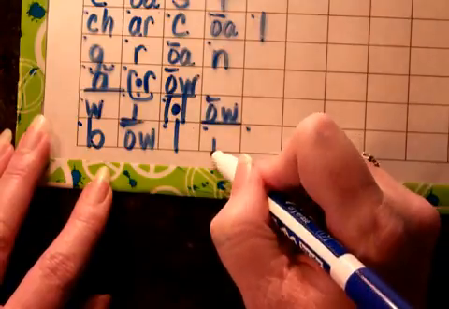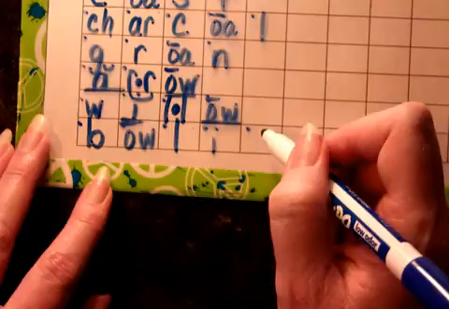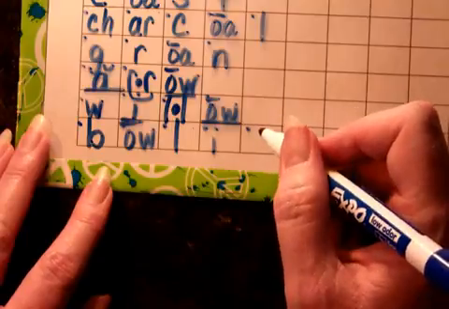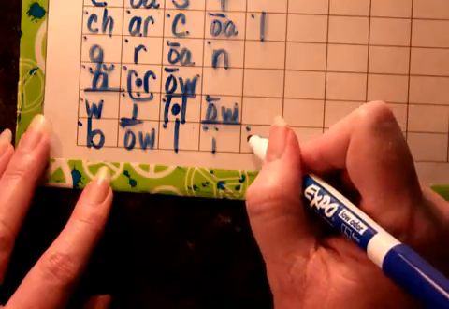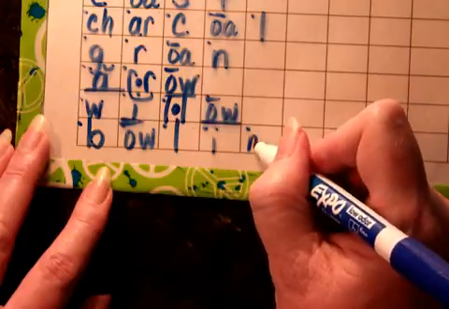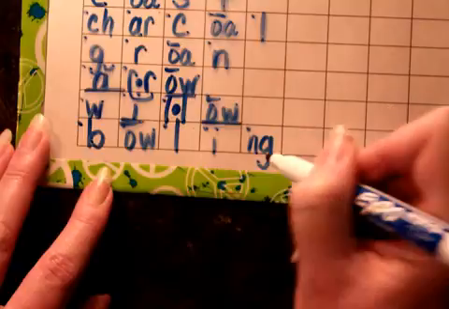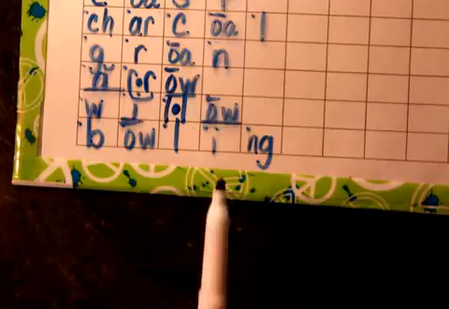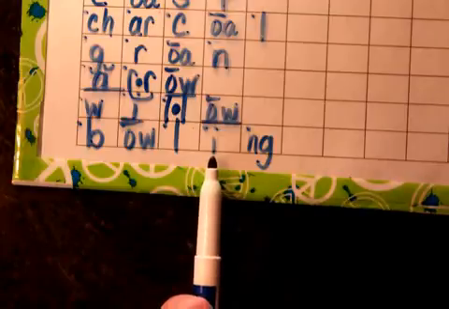Ing. My tongue is squished to the back, and so it's an unusual sound like king, ring. It's an N-G in one box because it makes one sound. That's why they're not in separate boxes.